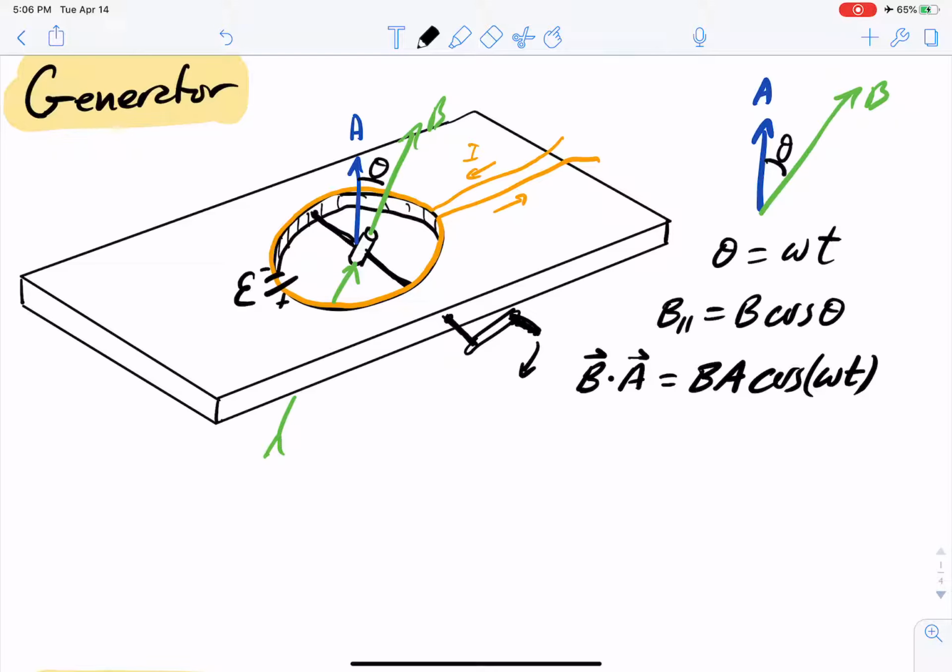That allows us, in turn, to calculate the induced EMF, which is the rate of change of that flux. Sorry, this is the flux. The magnetic flux.